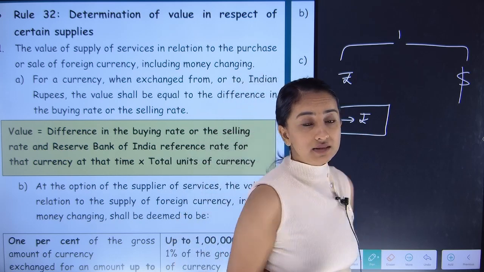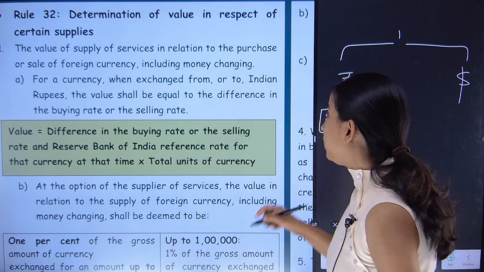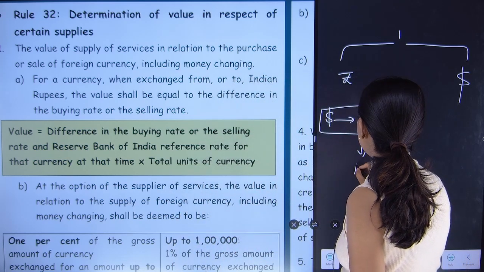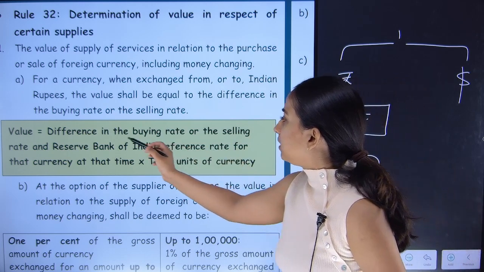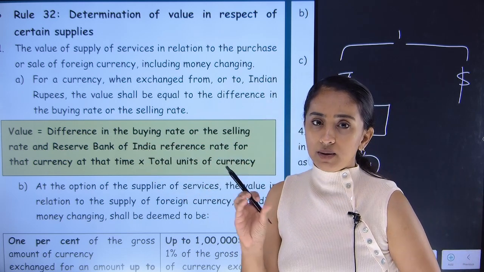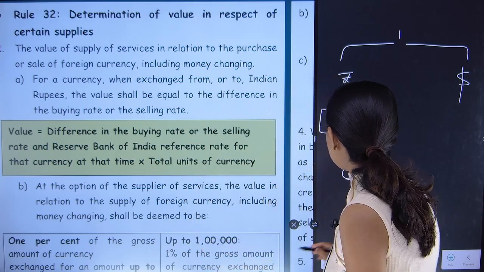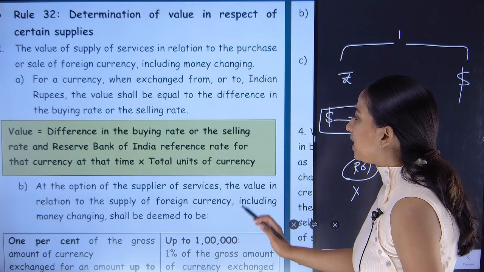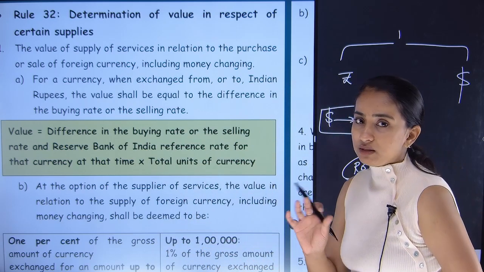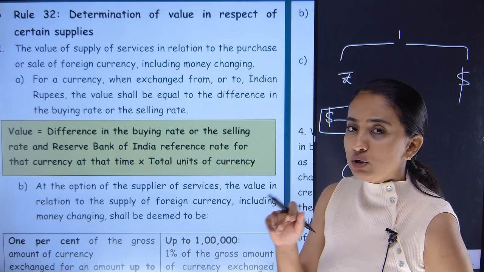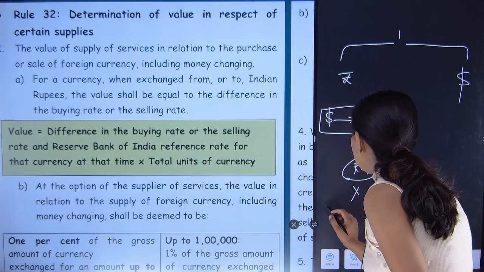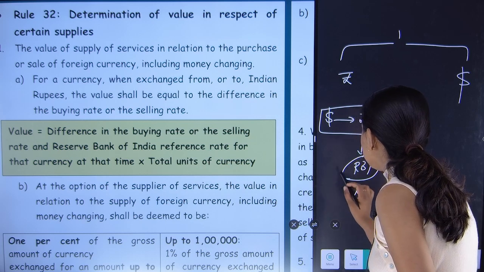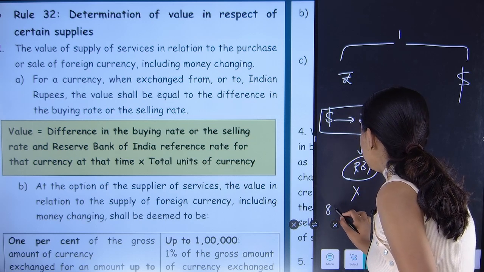If this is the case, so wherever rupee is involved, remember R for rupee, R for RBI. You will take the exchange rate, whatever this RBI, it's called the RBI reference rate, and you take the difference between the buying or selling rate and the RBI reference rate. See, let's say the difference will be this, let's say it is 82 rupees.